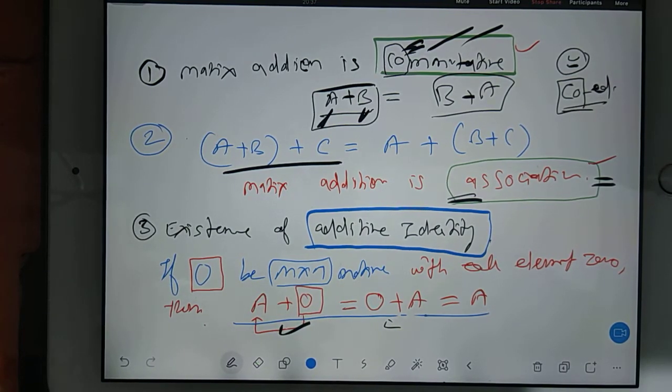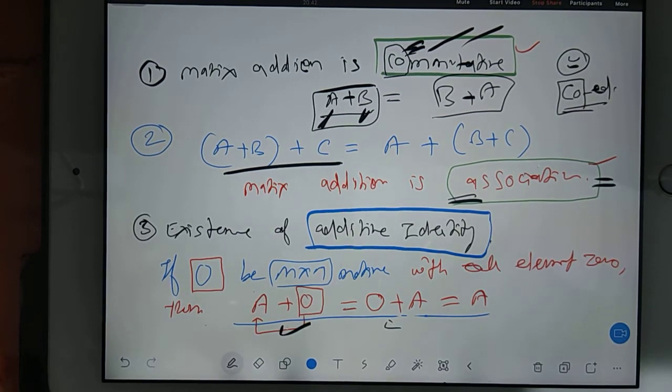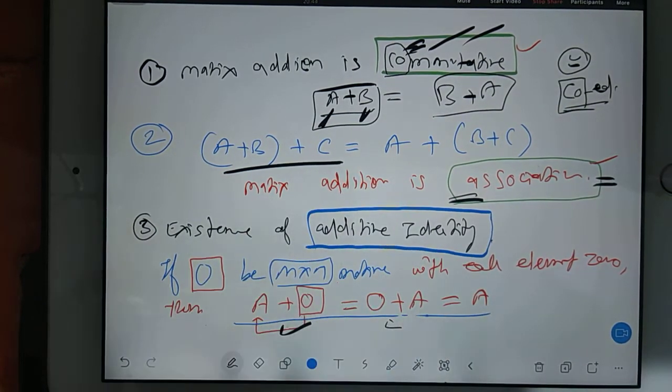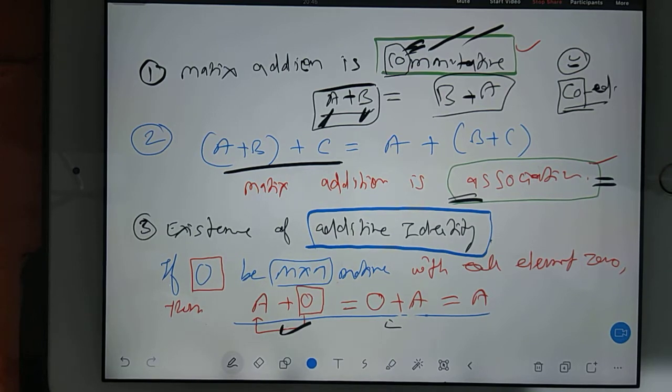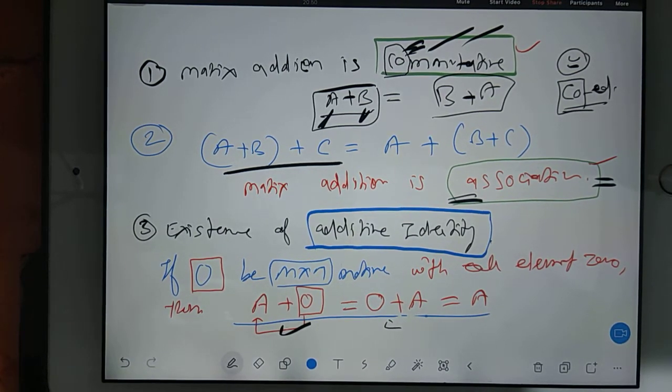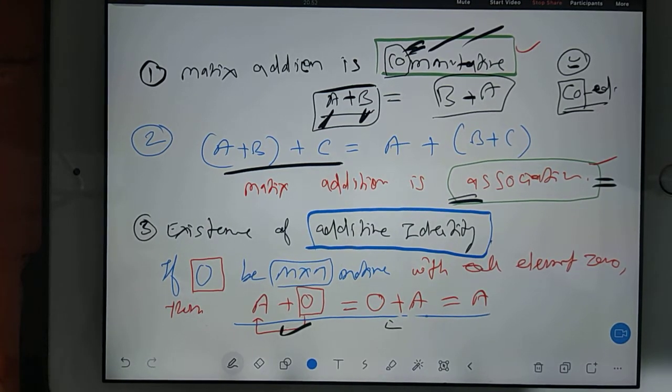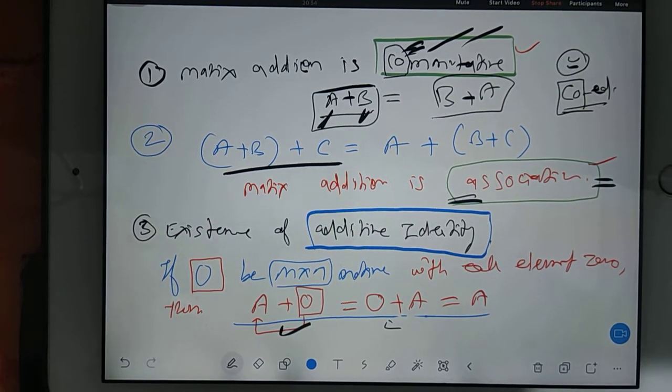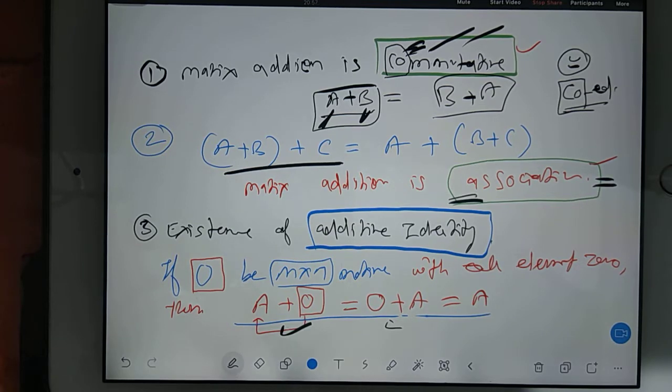So existence of additive identity is there or not? Yes, it is there. In the same way, there is something called existence of additive inverse. If I say it in advance, you will be confused about the meaning of existence of additive inverse. But if I teach, you will be comfortable with the name.